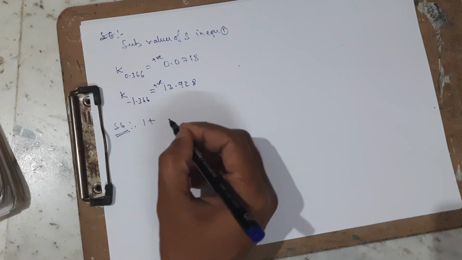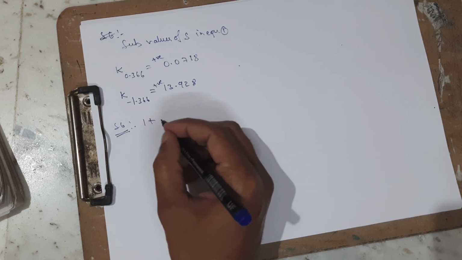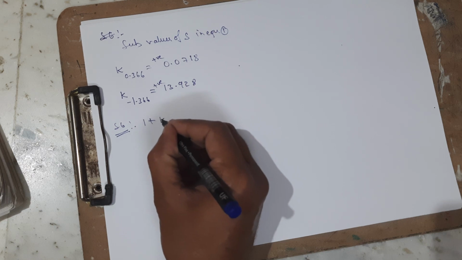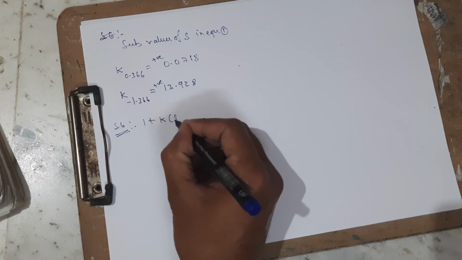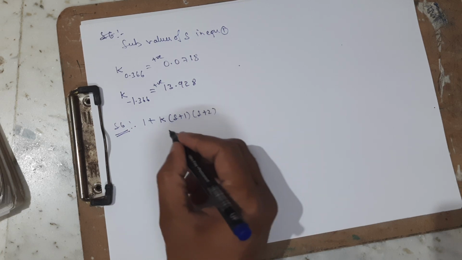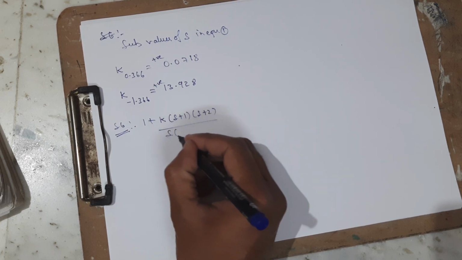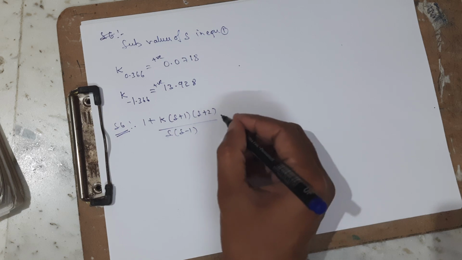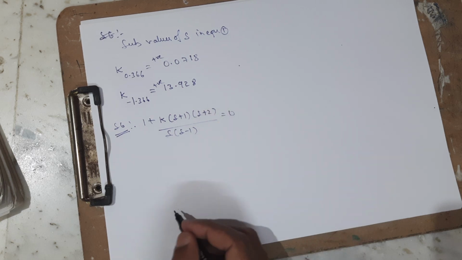What is the characteristic equation? 1 plus G of s into H of s is equal to 0. What is G of s into H of s? K (s plus 1)(s plus 2) divided by s into (s minus 1). So that is equal to 0.